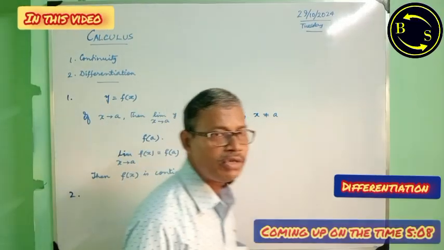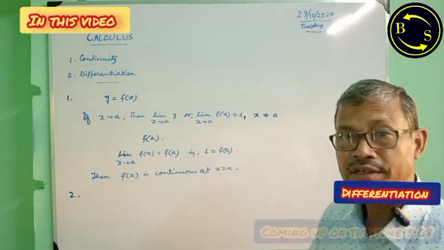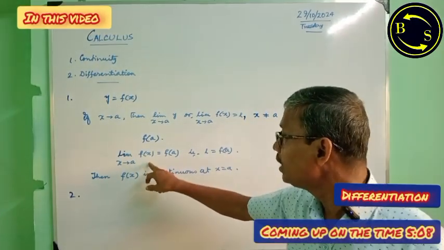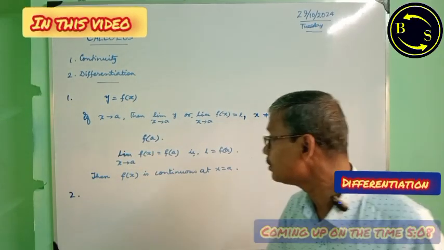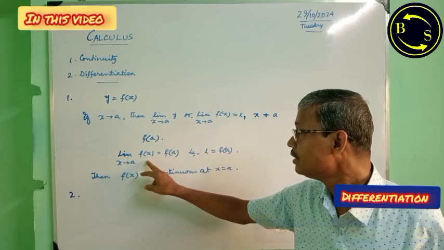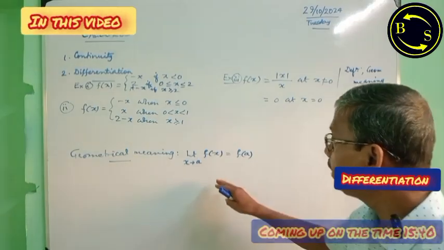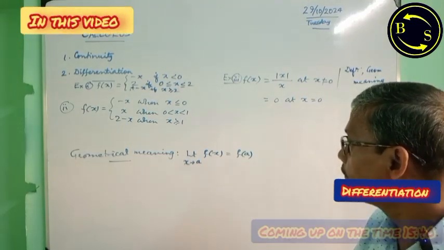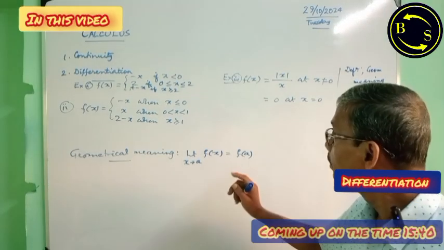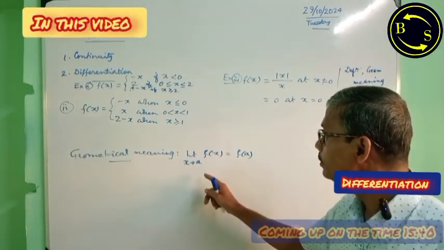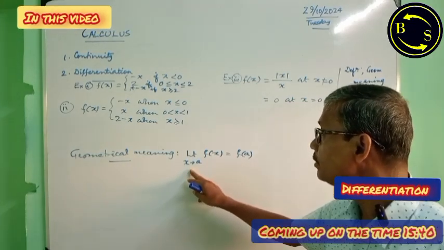We are to discuss the continuity of the function f(x) at a point at given intervals. This is actually the condition of continuity of the function f(x) at the point x equal to a. The geometrical meaning is that if we draw the graph of y equal to f(x), then we will find the limiting value of f(x) as x tends to a.